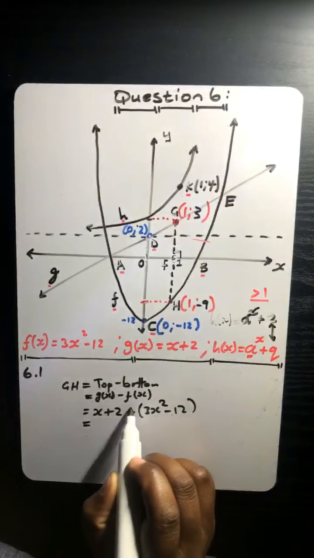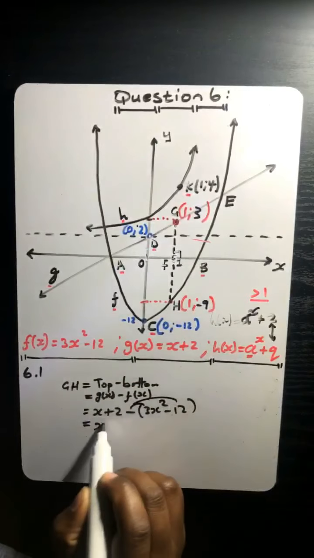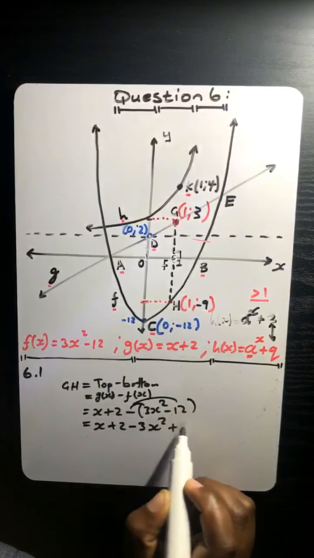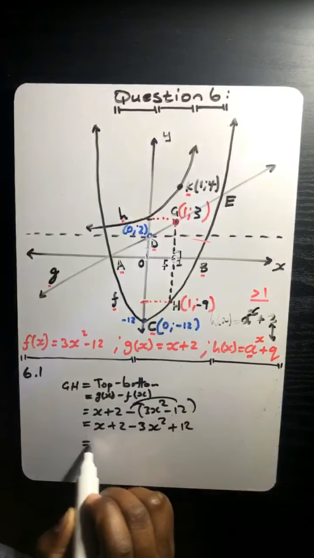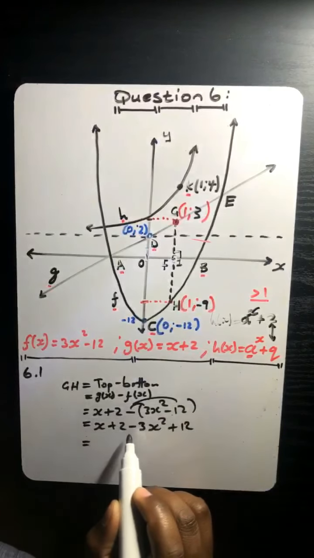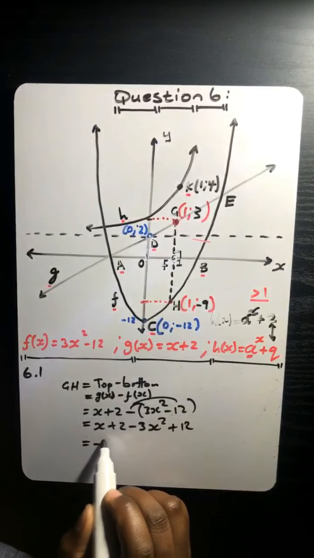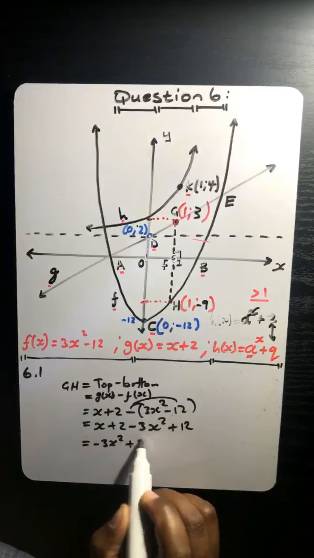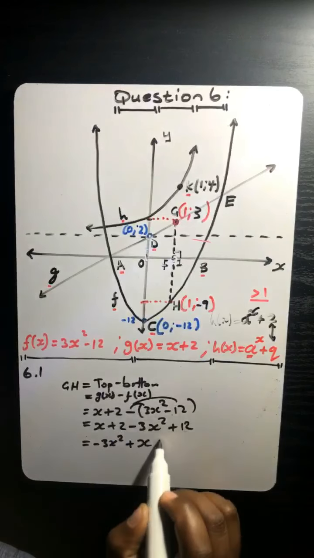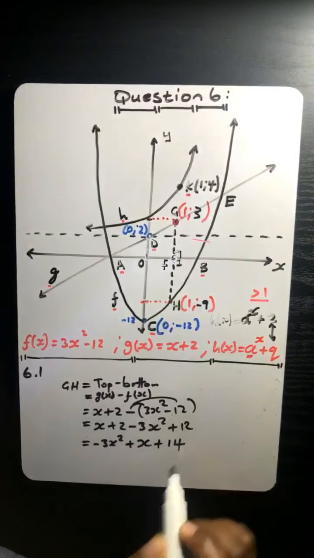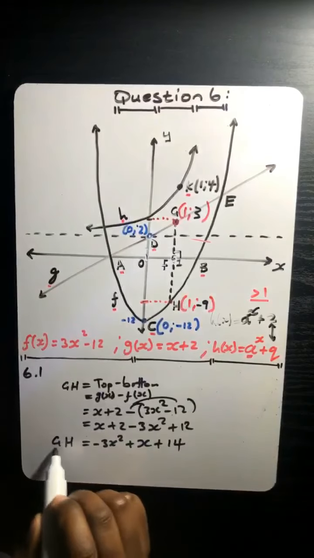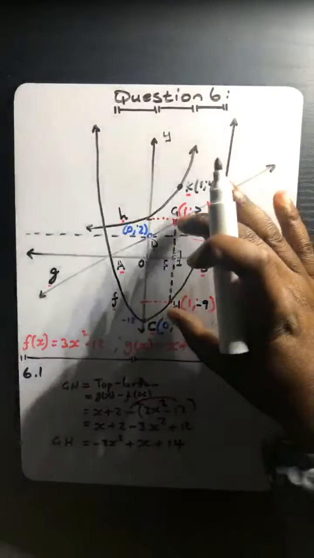So you have x plus 2 minus 3x squared, then this is going to be plus 12. Then you simplify. Can you guys see that you actually have negative 3x squared, and then there you just have plus x, this plus that is plus 14. So this is actually the equation that you can use to calculate that length.